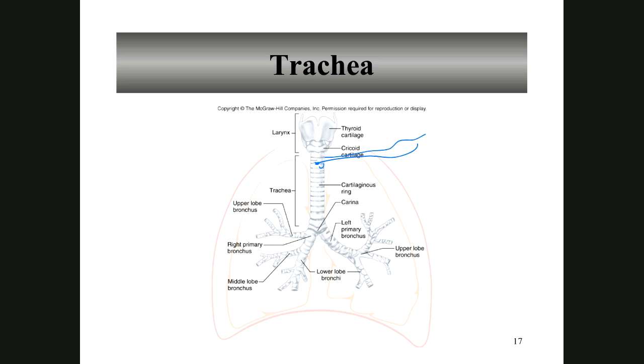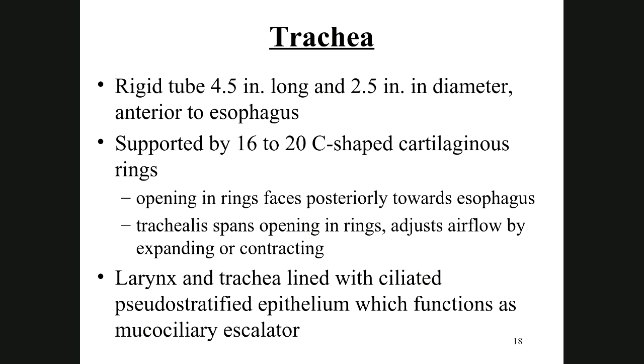That's the trachea. Okay, it has about 20 C-shaped cartilages. If you take a section of the trachea, this is the anterior, and this is the posterior.